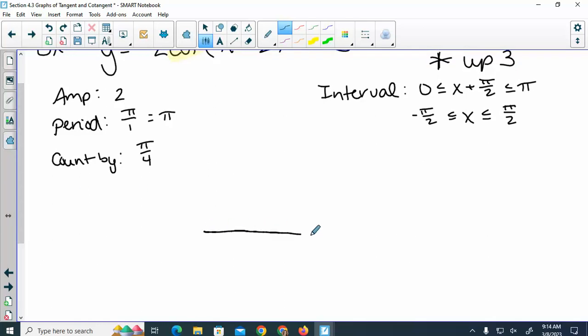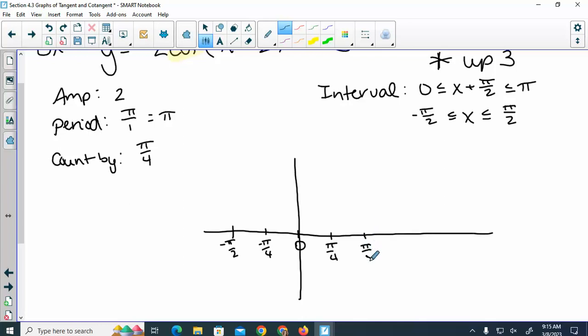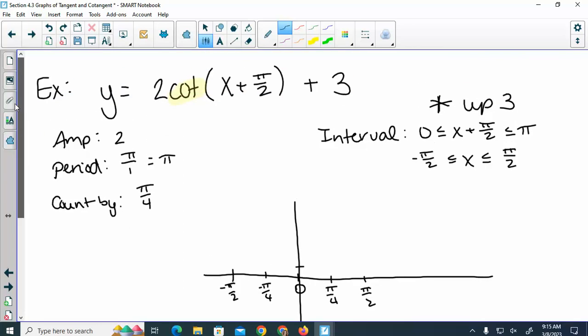So let's look at our graph. If I start at negative pi over 2, adding pi over 4, that would be negative pi over 4, plus pi over 4 is 0, plus pi over 4 is pi over 4, plus pi over 4 is pi over 2, which is our final point. Amplitude of 2, so we're going to go 2 above and 2 below our center, but where is our center at? 3.